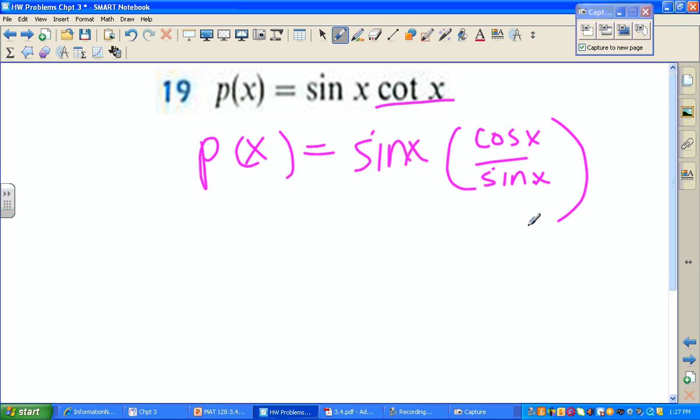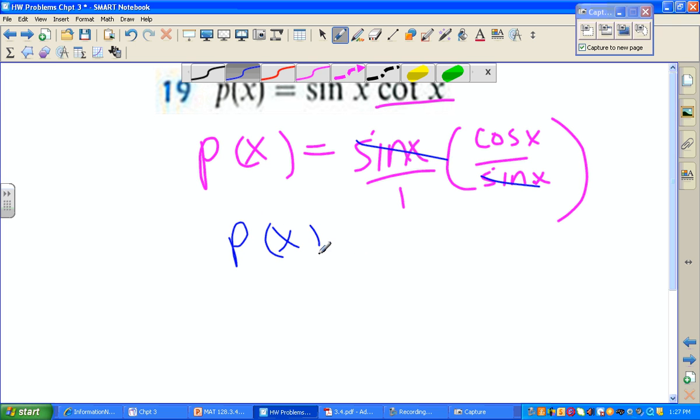Excellent. Some of it's just remembering back in the day your trig skills, dusting them off a little bit. So now I can take the derivative of cosine, which everybody in the room knows is what? P prime of x equals negative sine of x.